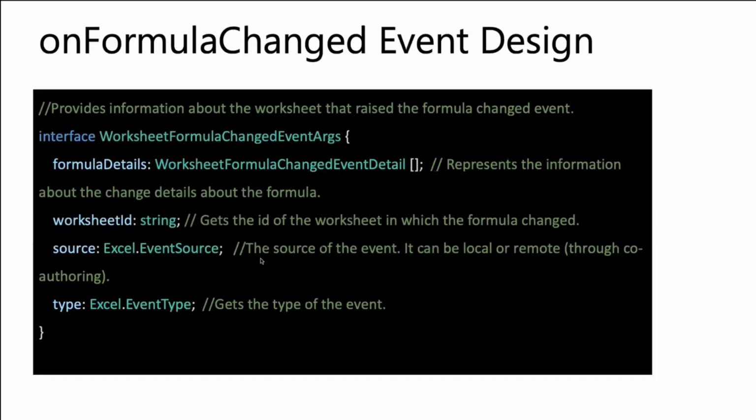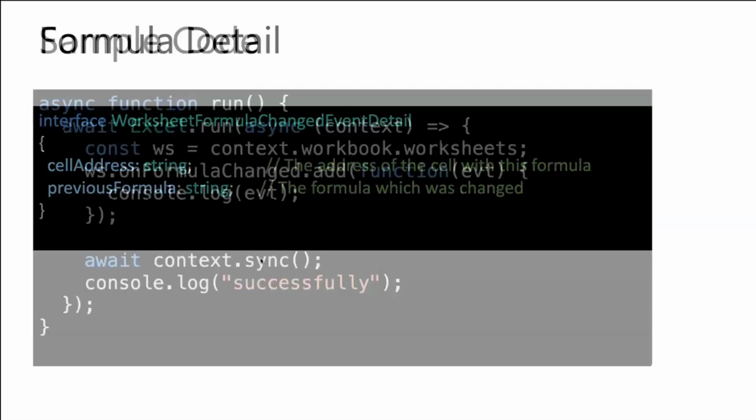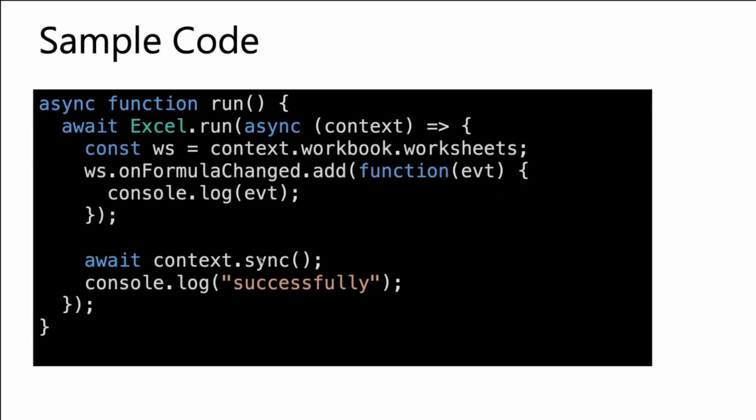With that you can restore that information, and you will know the right place in the database where we are going to write it back. Then there is the worksheet ID and the source event, whether this was triggered locally or remotely. And also the event type. So this is pretty much the sample code, which very easily shows you the event args information.